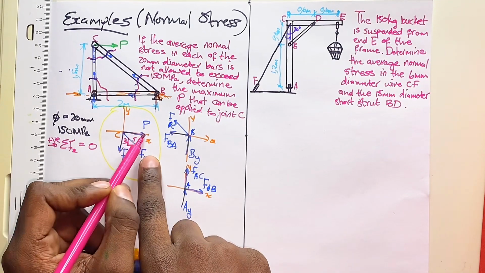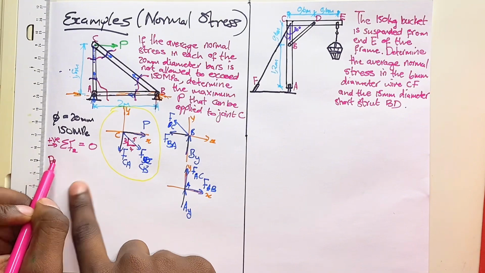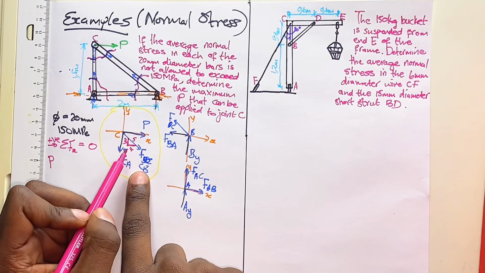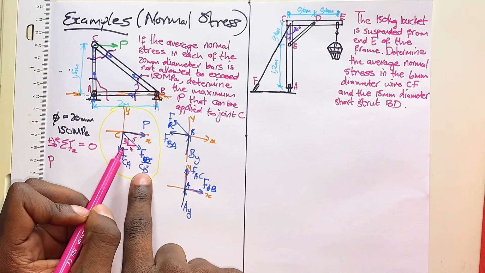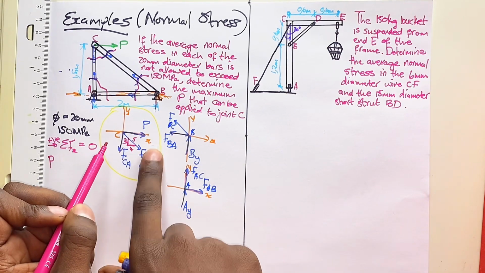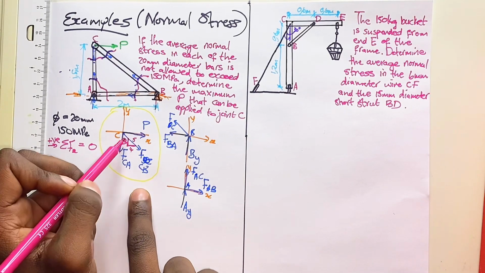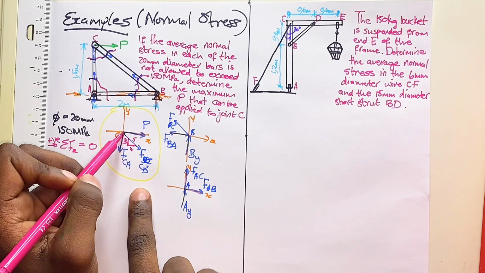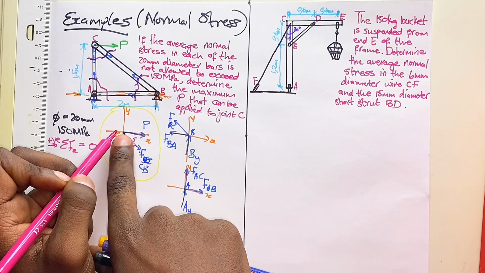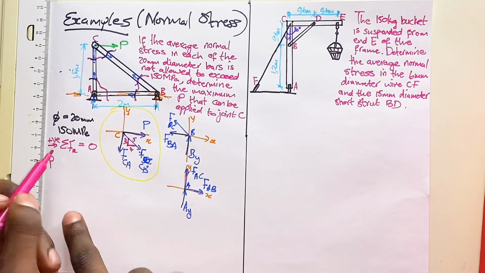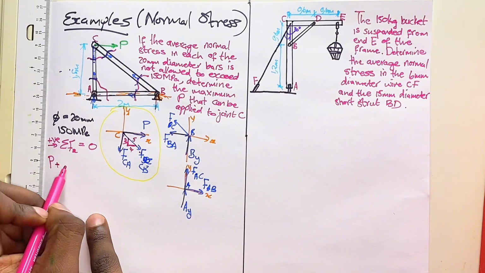The first one will be the P, and it's acting to the right, so it will be positive. The other one will be FCB. However, FCB is going diagonal. It just has a component in the x direction. So we are looking for that component.